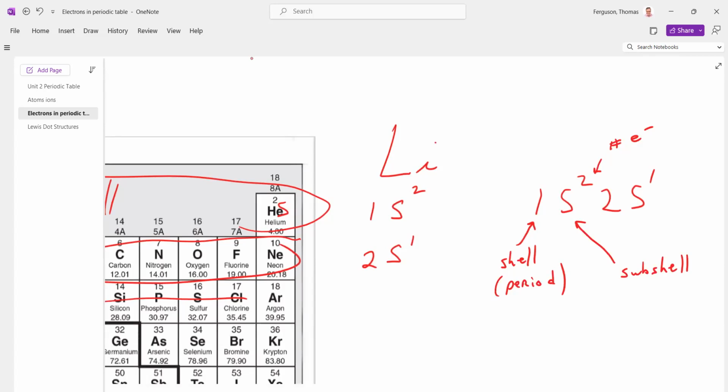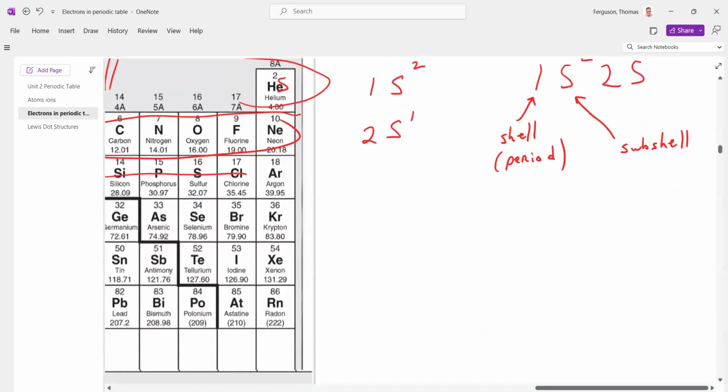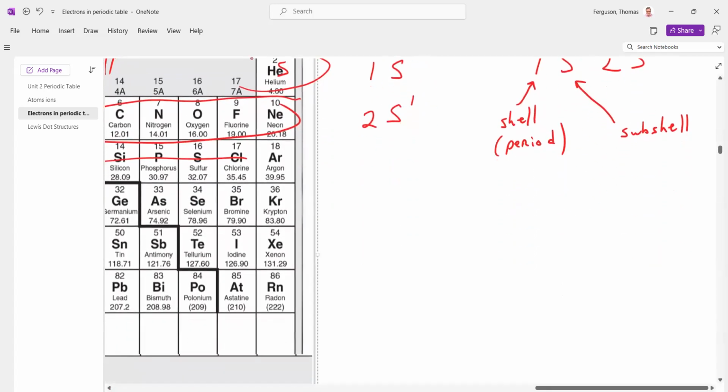Let's do oxygen. Oxygen has 8 electrons. So what does the orbital diagram look like for that?